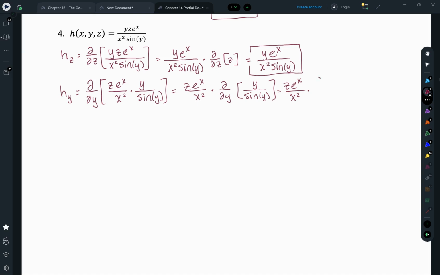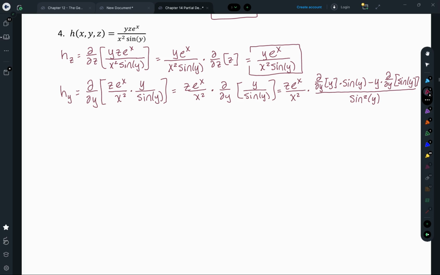So derivative of the first, del y of y times the bottom, sine of y, minus the top, y, times del y of the bottom, which is the sine of y, all divided by the bottom squared, and so that'll be sine squared of y.